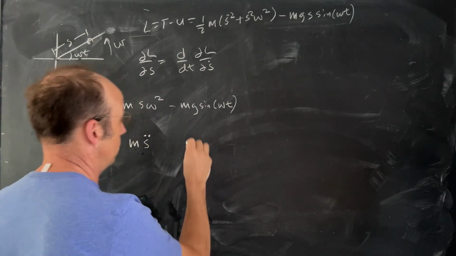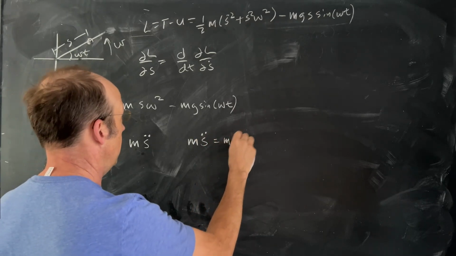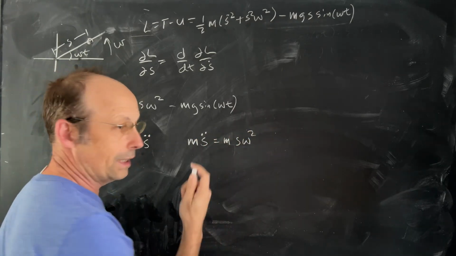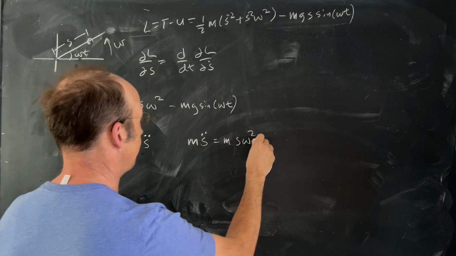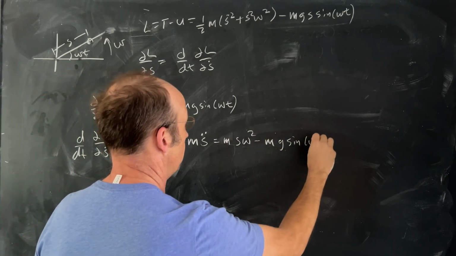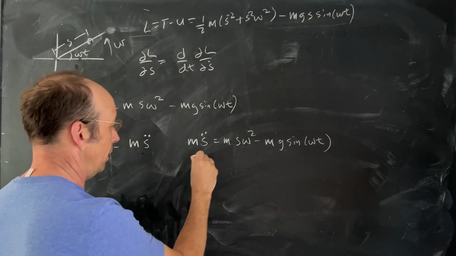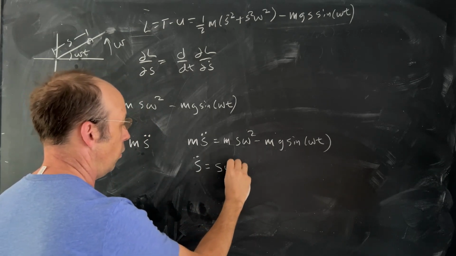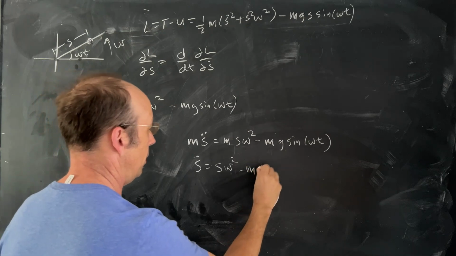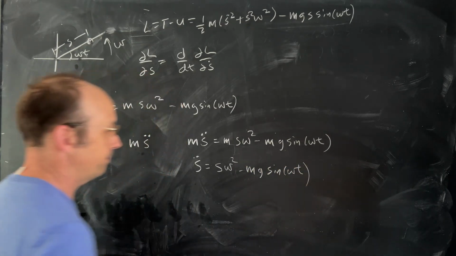So now I'm done. m s double dot equals m s omega squared minus mg sine omega t. The masses cancel. s double dot equals s omega squared minus g sine omega t.